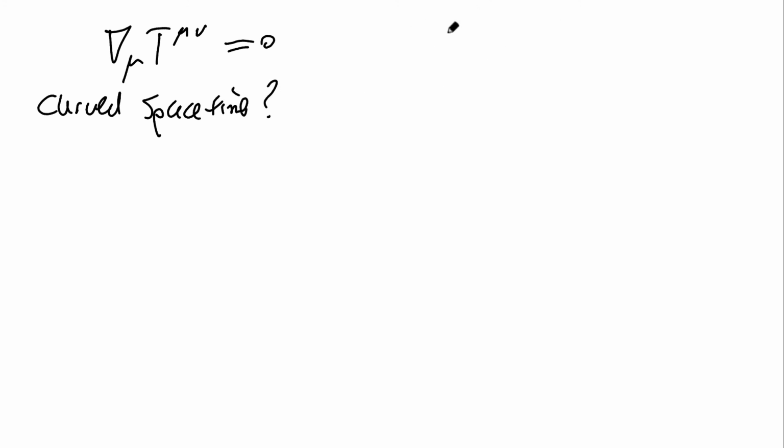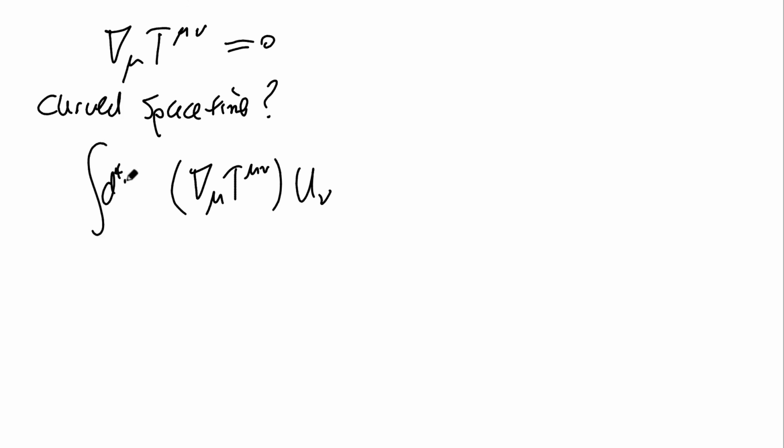Well, we can try to repeat the same calculation. We'll start with ∇_μ T^{μν}, and we'll multiply it by the vector field that represents the forward velocity of a fleet of observers who are observing these matter fields. And then we integrate this over a space-time volume. So in curved space-time, we have d⁴x √(-g) as the volume element.